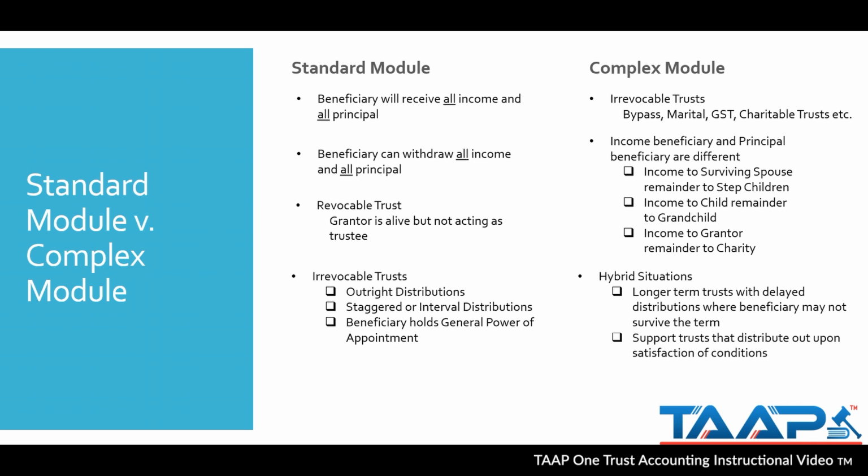Support trusts that distribute out upon a satisfaction of conditions, suppose satisfactory test results from a drug test or something like that. You don't know if they're ever going to satisfy those conditions. You may select the complex module in those situations.